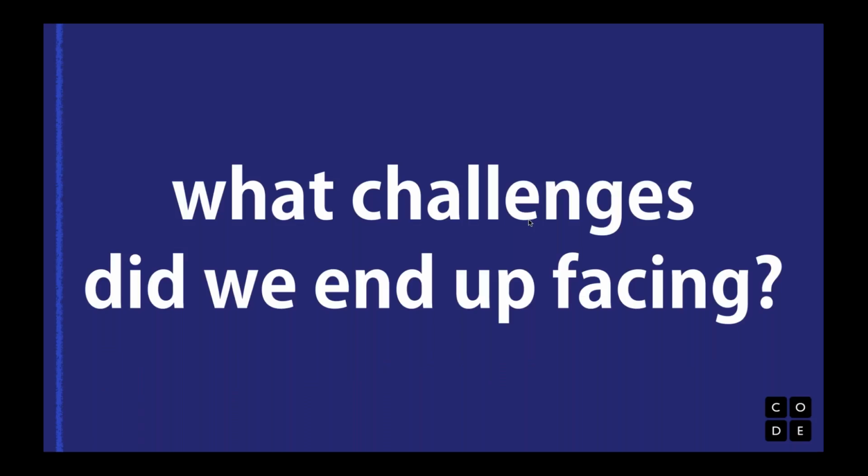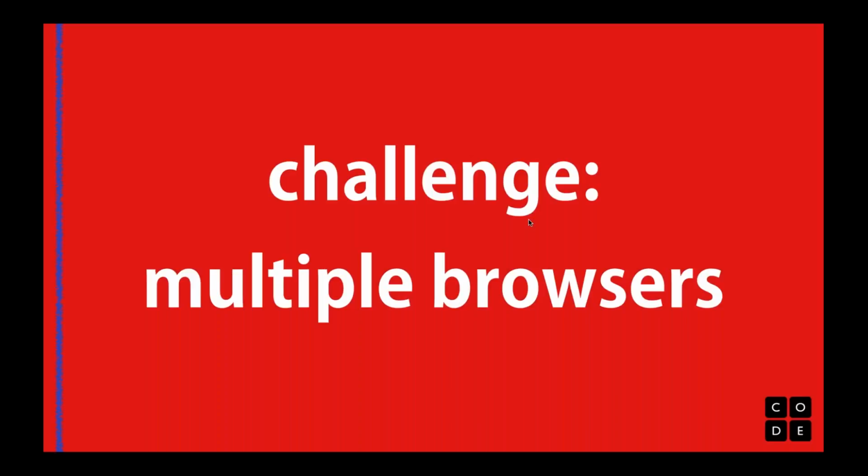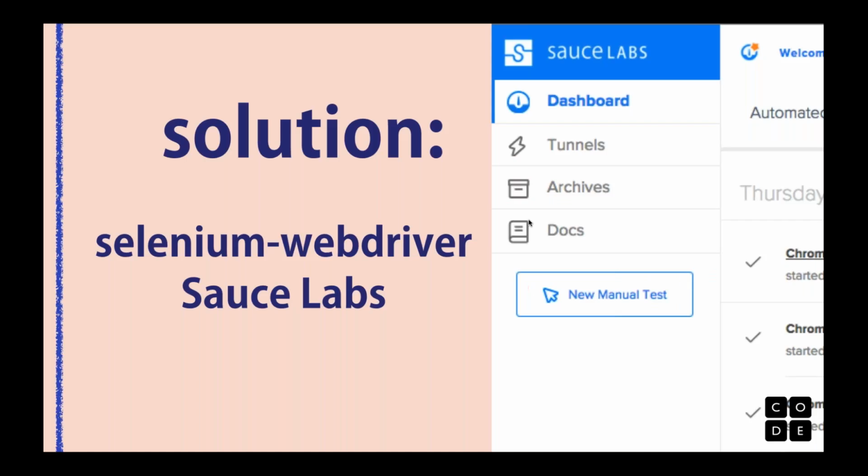So what challenges did we end up facing while implementing these cross-browser tests, and how do we end up approaching them? One of the challenges was, of course, we support many different browsers, and that was the thing I mentioned earlier. Schools have IE9, iPads, Android, Chromebooks, Firefox, all that.